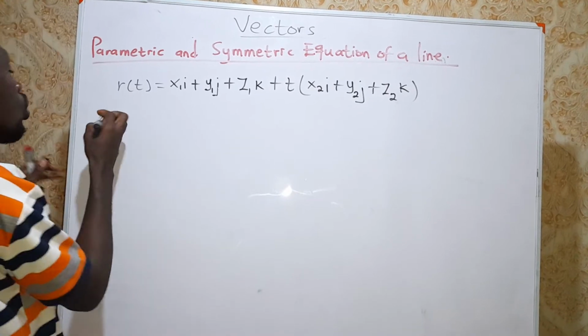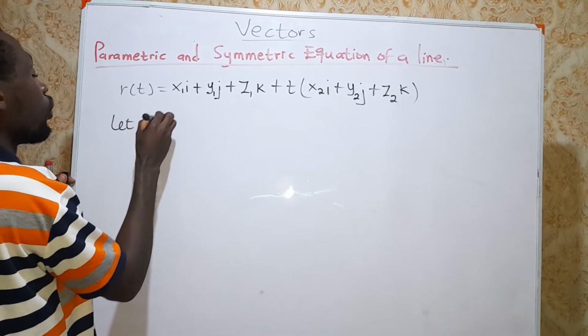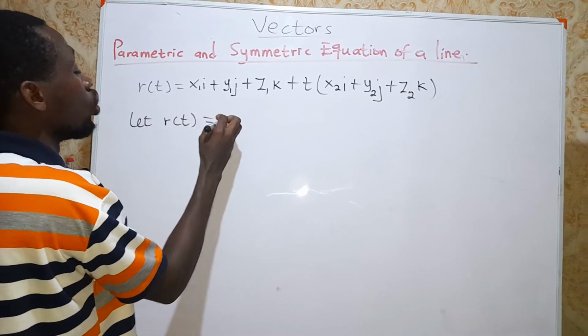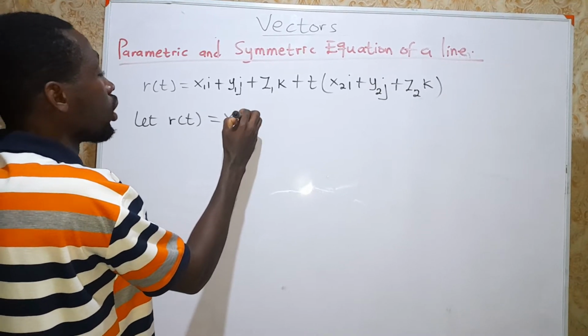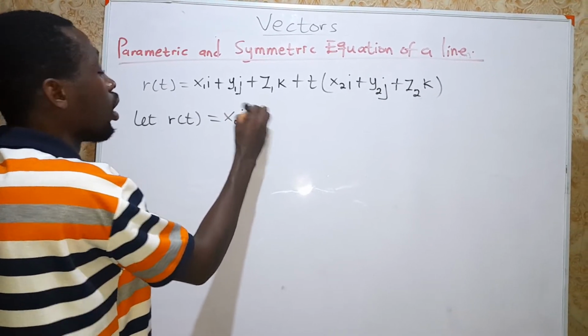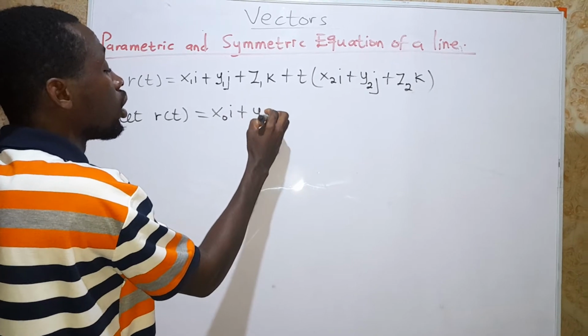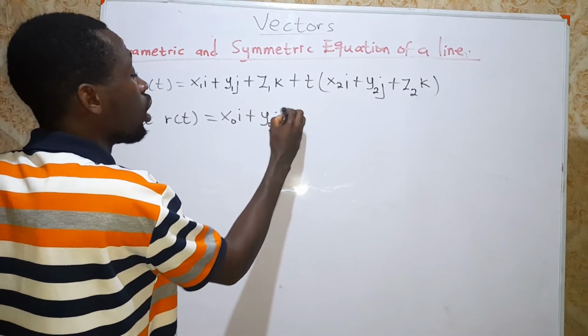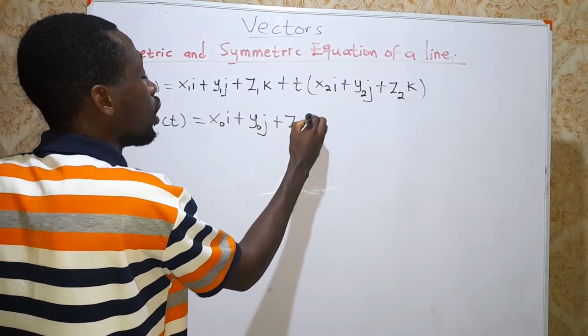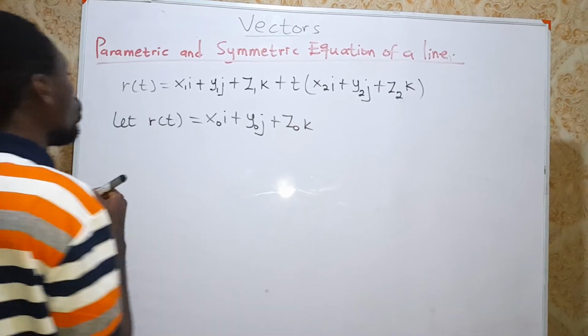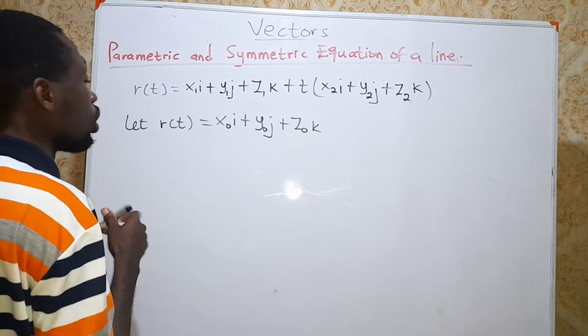So now we want to let r of t be equal to x naught i plus y naught j plus z naught k. So in place of r of t, we substitute this. So what will I have?